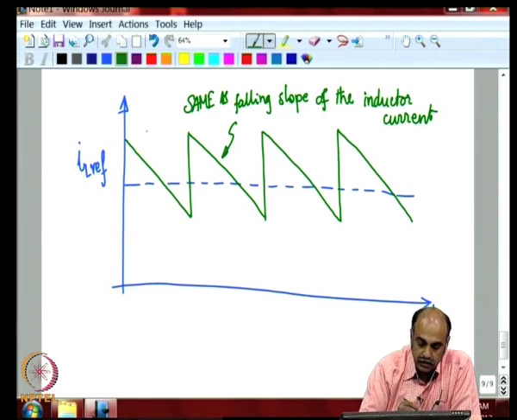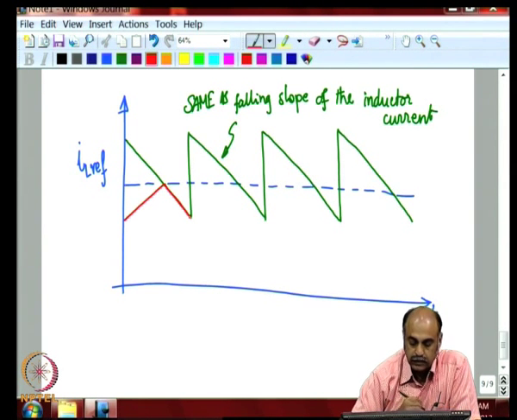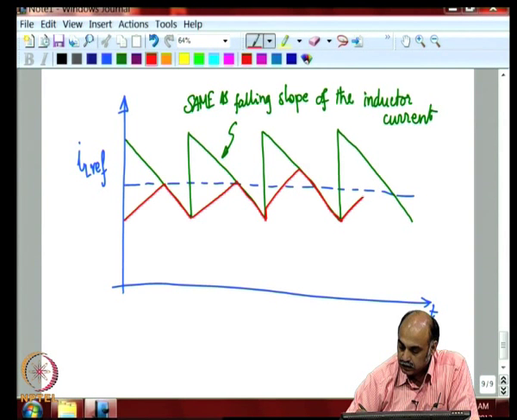So, which means that if you have an inductor current which rises like that, compares at this point, switches off the switch and then falls like this, and then the inductor current compares, falls, and let us say there is a disturbance, it will go like that and then falls like that, and then gets.